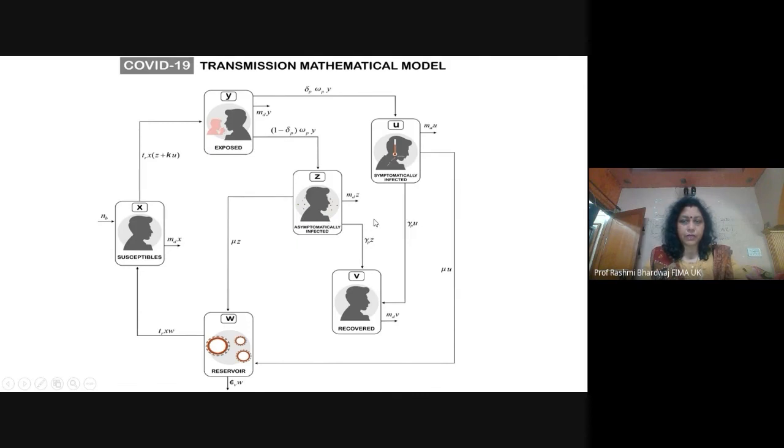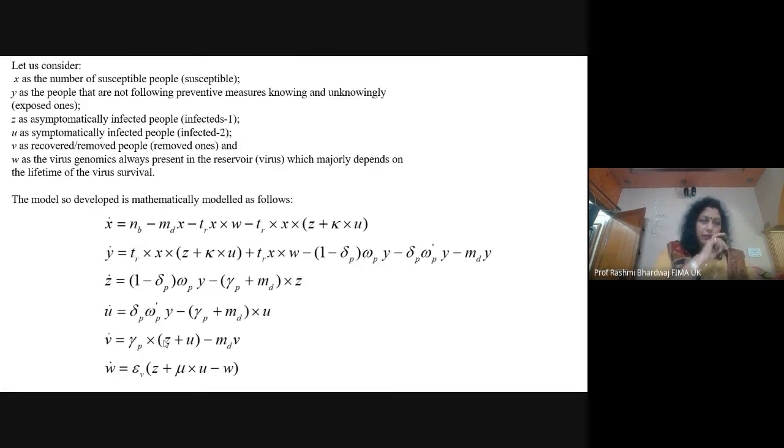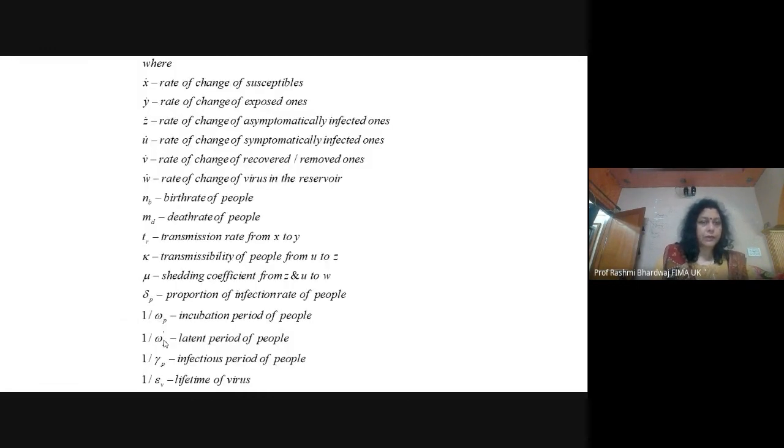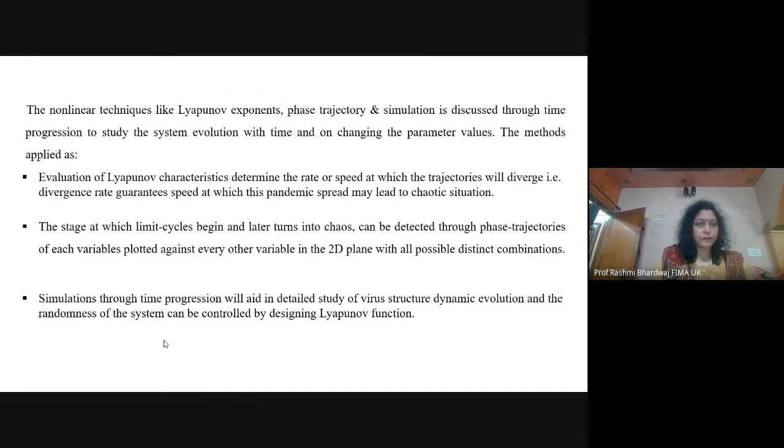And for asymptomatically, this rate. And if we are taking the reservoir, this is the reservoir from these two dimensions. And this is a complete structure. Based on this, we have developed this model. This is an already published paper. And here, these are the different rates and the different types of structures which we have used.